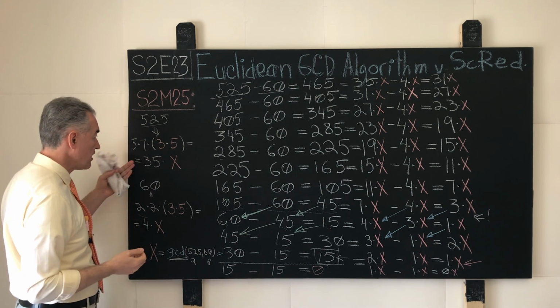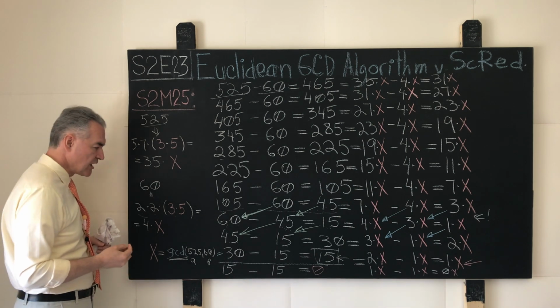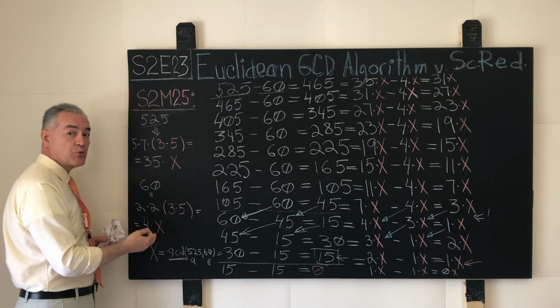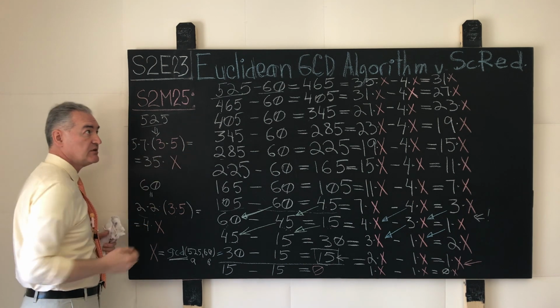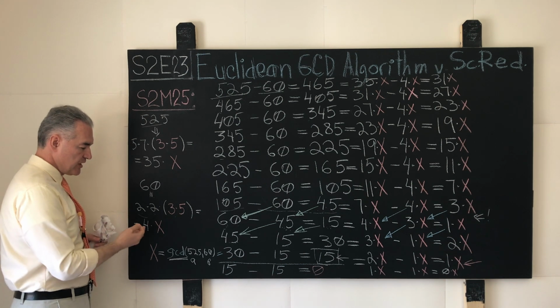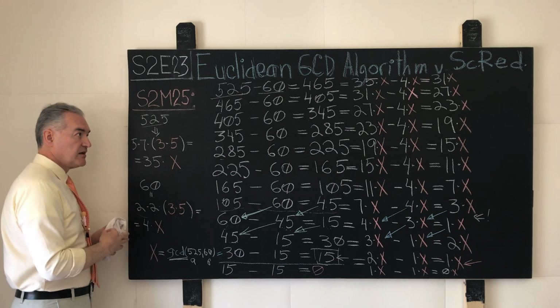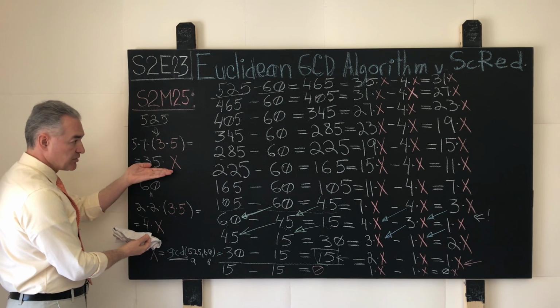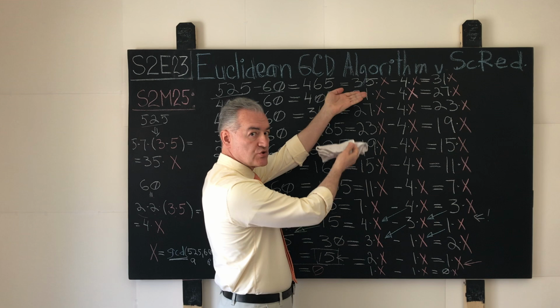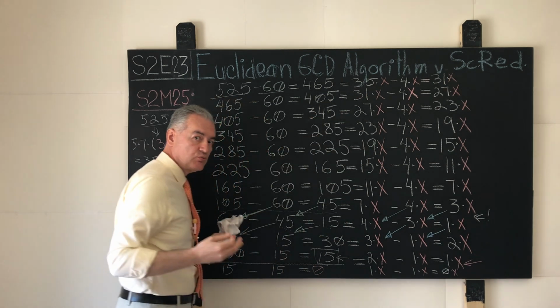No common factors other than 1. So with respect to each other, we can represent these numbers as follows for the purposes of understanding how the Euclidean greatest common divisor algorithm works. And now that we have that representation, let us take these representations and carry them verbatim into our string of computations. What will we see?